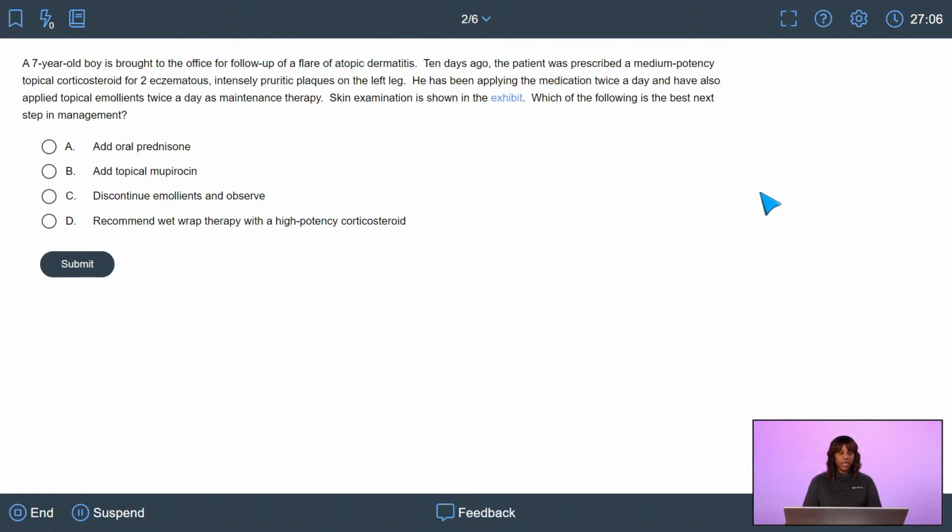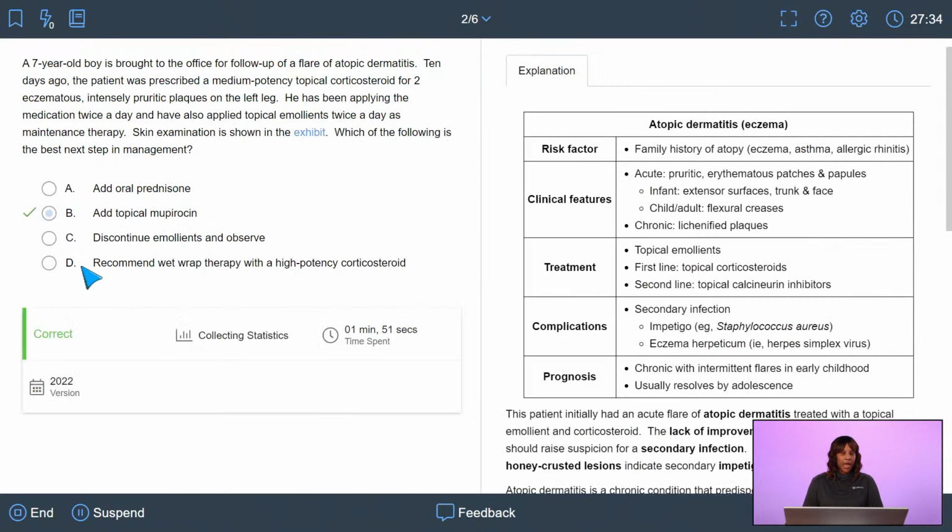I'll give you a few seconds to review it. The answer to this question is B, add topical mupirocin.